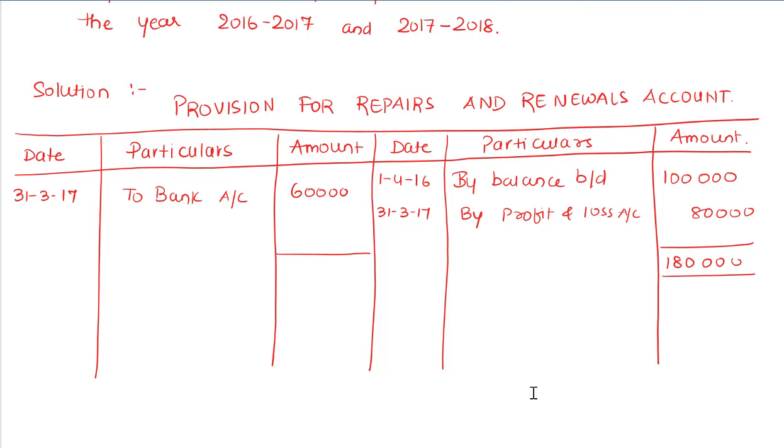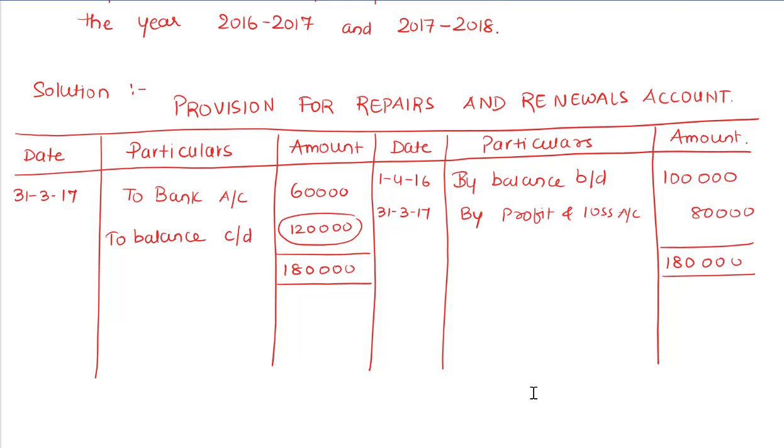The total is 1,80,000 minus 60,000, 1,20,000.